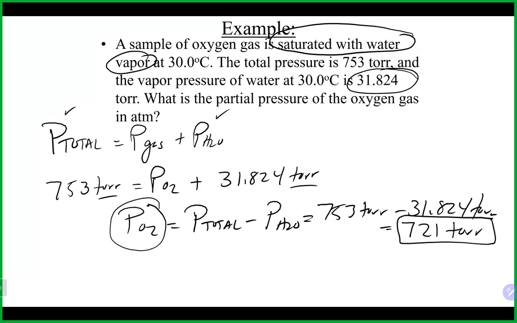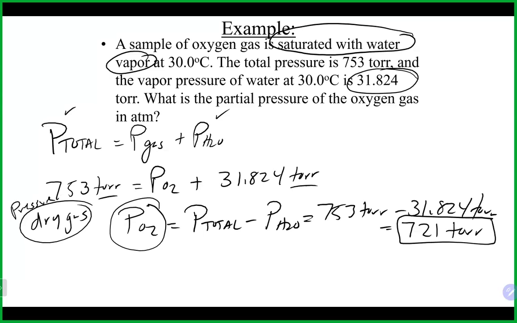Sometimes this is also referred to, a lot of times in labs, as the pressure of the dry gas. It's the dry gas because we basically subtracted off water's contribution. So very commonly, that is how it is referred to.